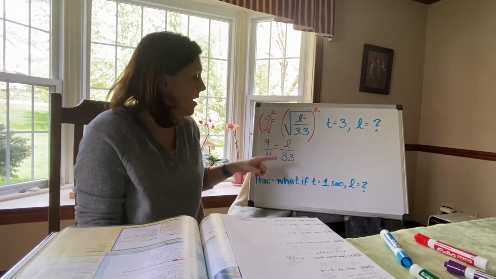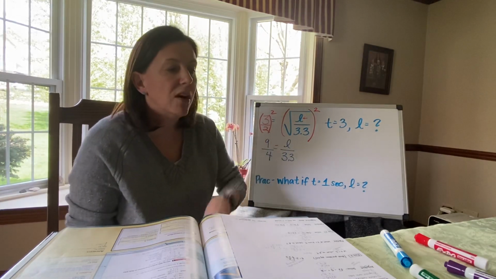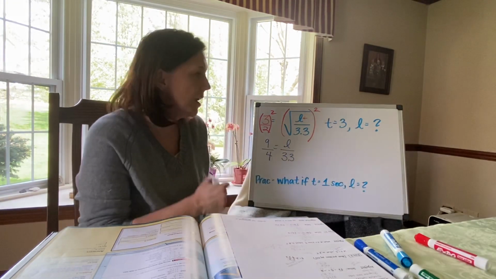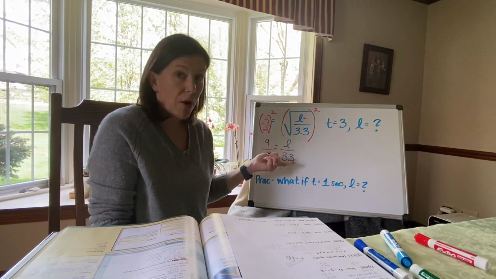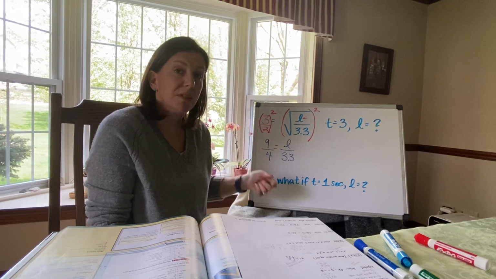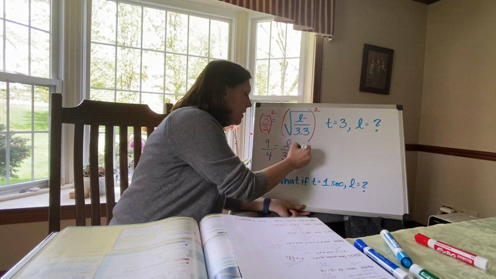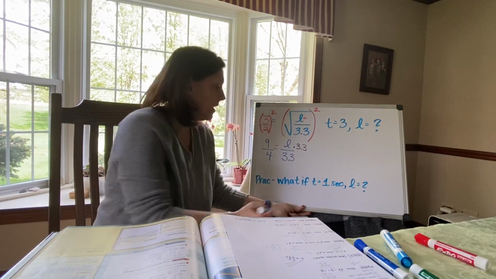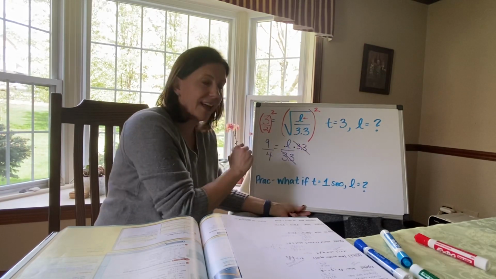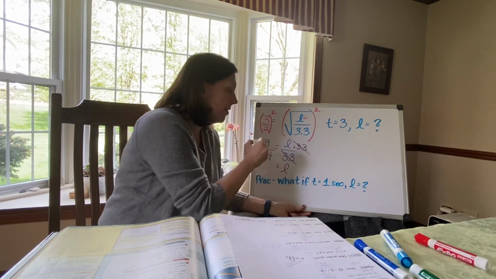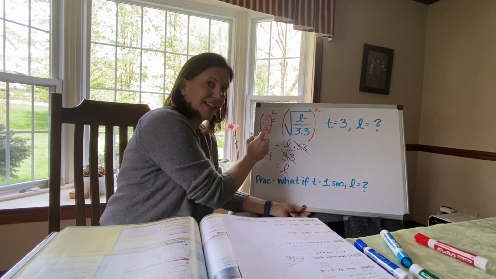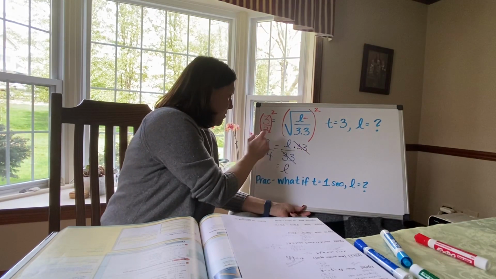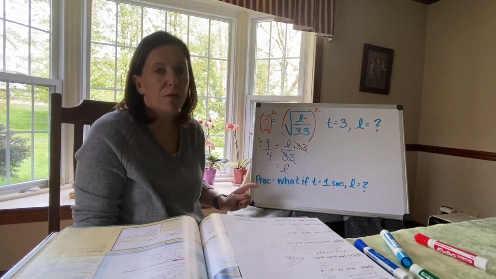My last step, because I want to get L by itself. That's my ultimate thing I'm trying to solve for. Well, L is being divided by 3.3. So how will I get it alone? Do the opposite operation. I multiply by 3.3. Well, I know I did the right thing because that cancels out, leaving me L. If I multiply this side by 3.3, hang tight with me, I'm going to squeeze in here. 3.3 times 9/4.